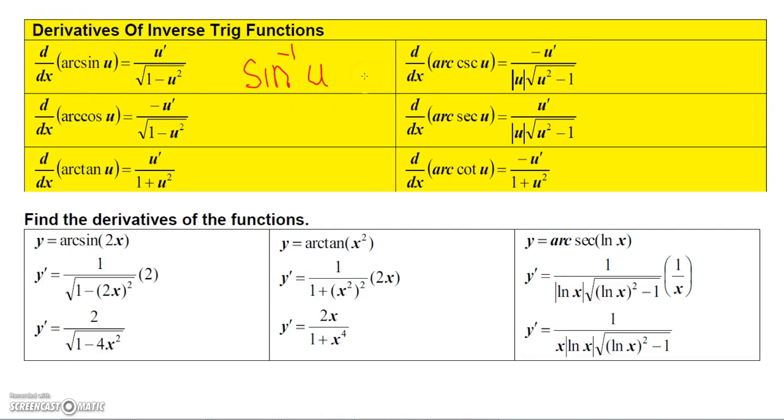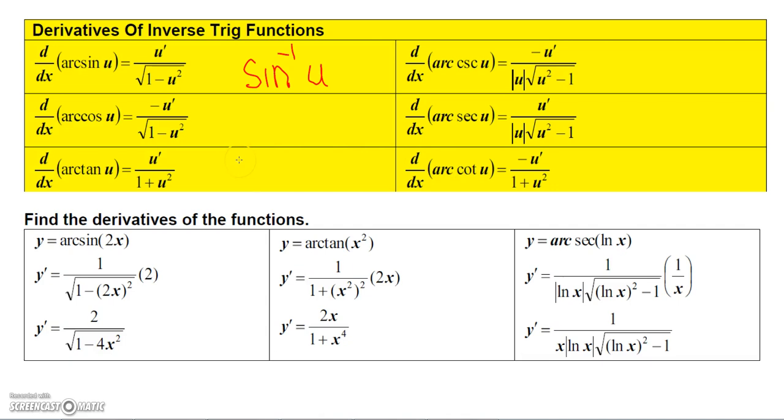You can read the formulas, and there's a formula for the arc function of each trig function: arc sine, arc cosecant, arc cosine, arc secant, arc tangent, and arc cotangent.